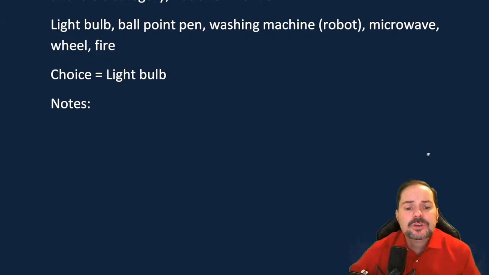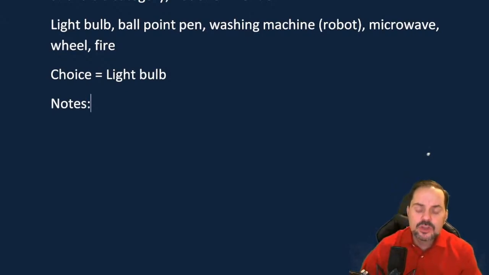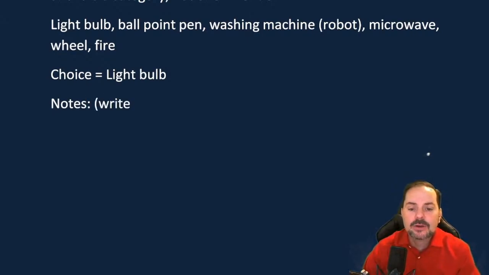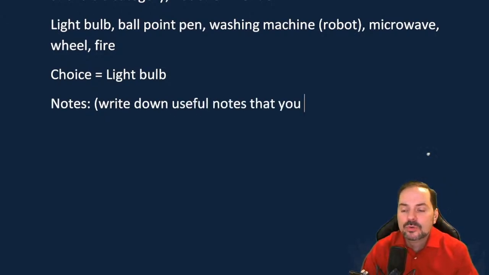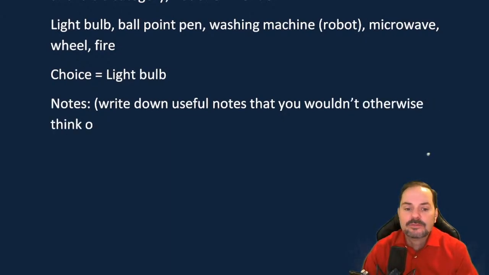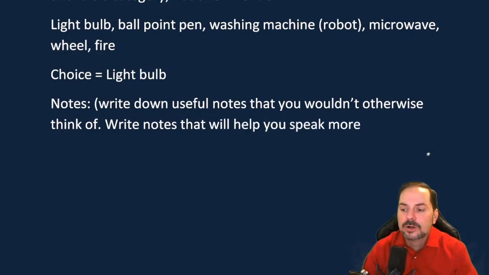All right, and for the notes, always create useful notes. So write down useful notes that you wouldn't otherwise think of. Write notes that will help you speak more and speak fluently.